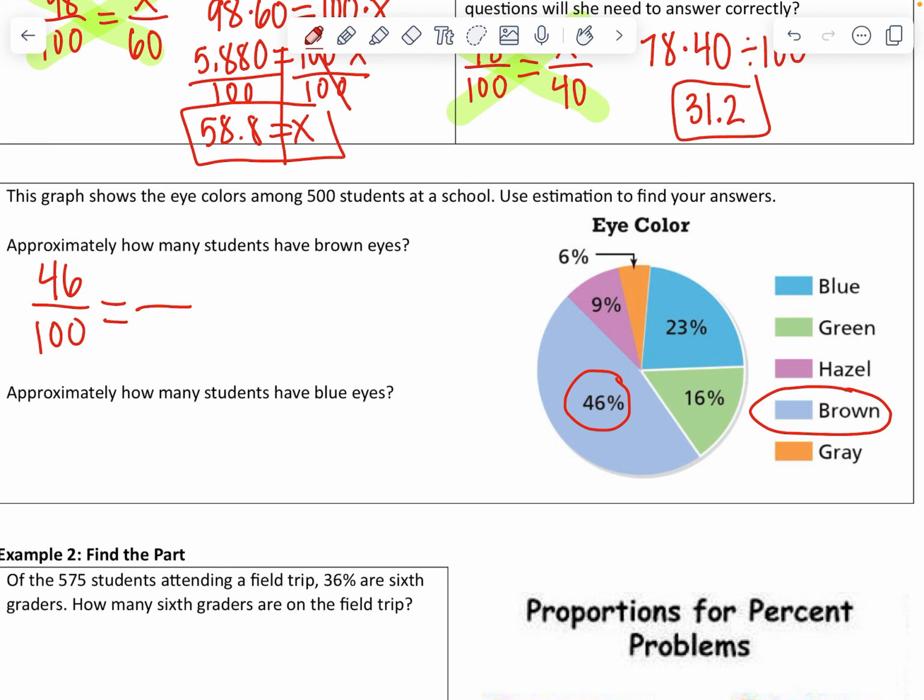And then what other number am I going to use? What do you think? So in the original question, it says, this graph shows the eye colors among 500 students. So 500 students is the total, which is the whole. And I'm trying to figure out 46% of that 500.